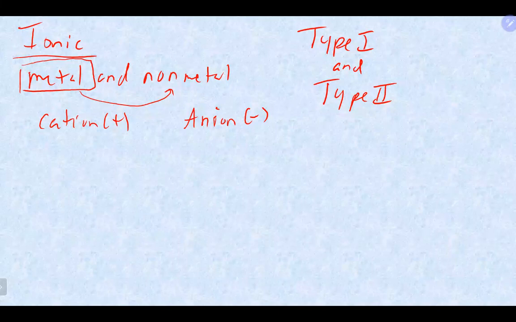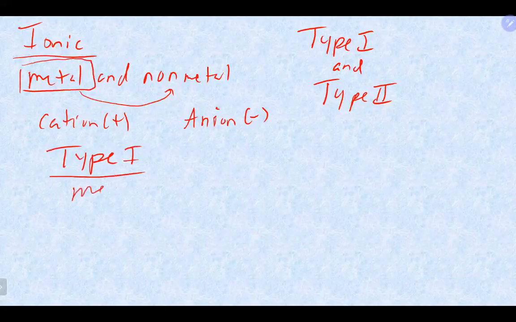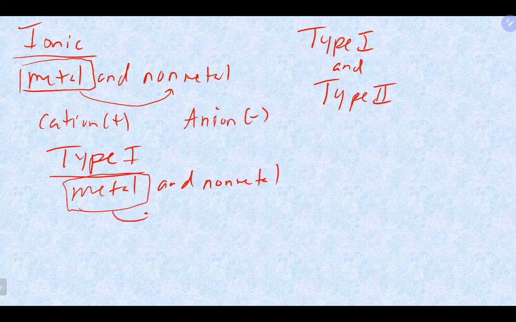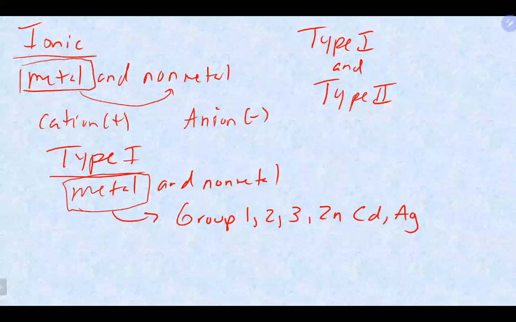So in a type 1 compound, the metal is usually from group 1, 2, 3, or is zinc, cadmium, or silver. What all these have in common is a fixed positive charge.